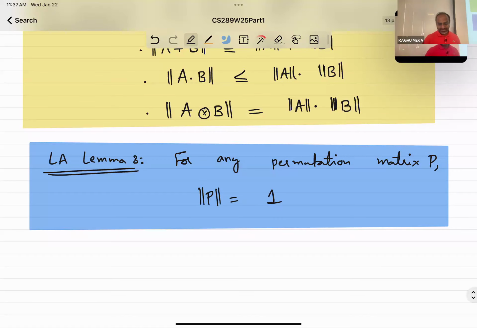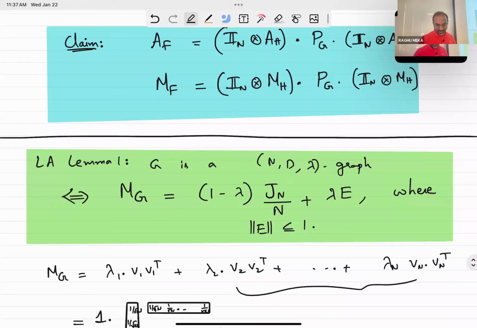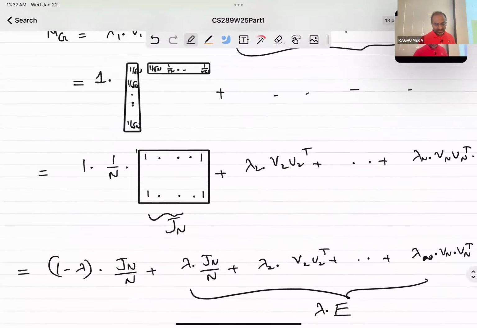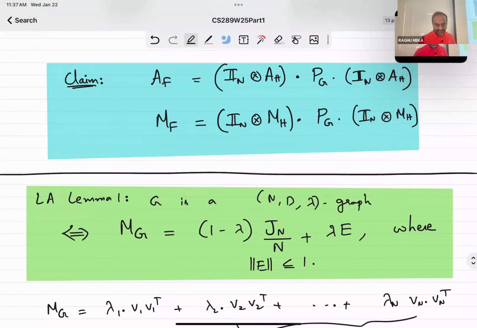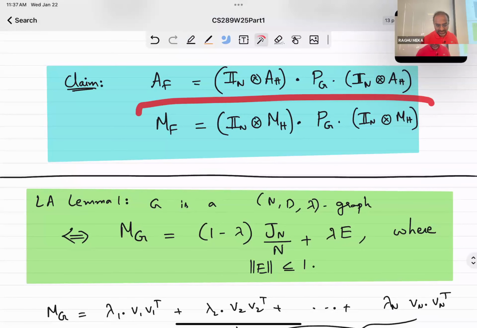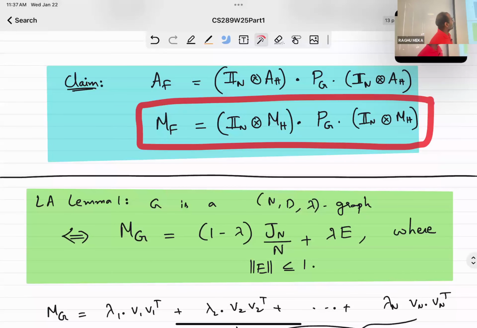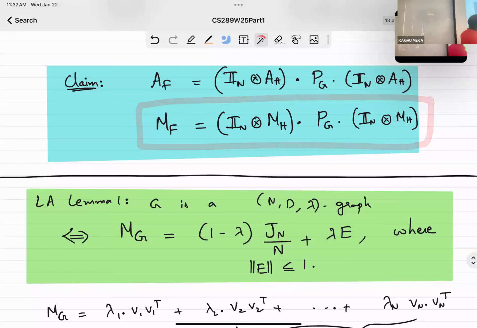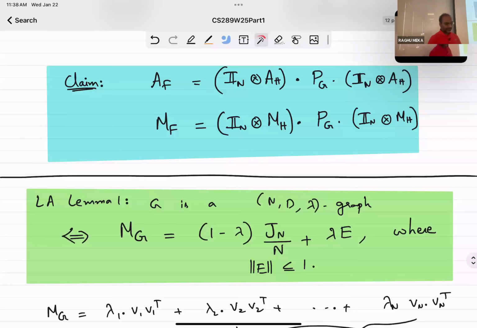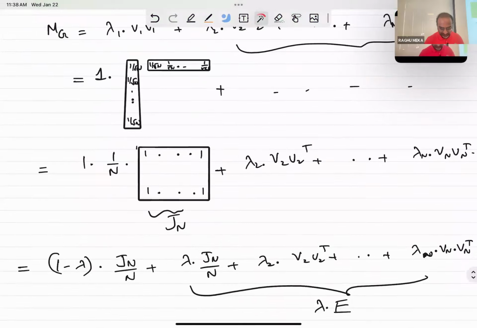Okay. So these, lemma 1, lemma 2, and lemma 3 are going to be our levers to compute or get bounds on the second largest eigenvalue of this matrix. In particular, we'll use the if and only if part. We'll show that MF can be written in this way, where there's a small error compared to some term, and that term will give us whatever bound we were shooting for. All right.